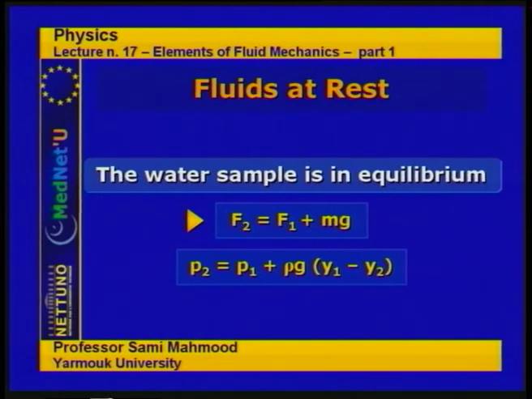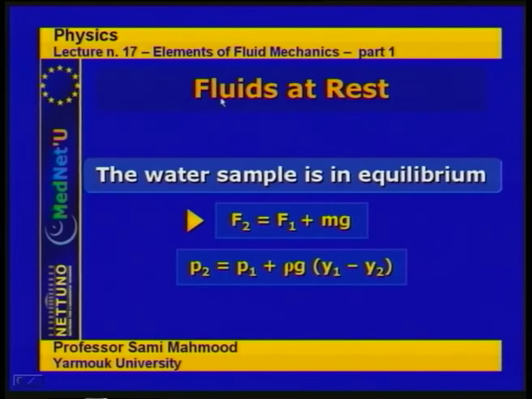And thus, if we eliminate A from all the equation, or equivalently, if we divide the equation by A, we will get P2, the pressure applied to the sample at the lower level, and that pressure is upward, is equal to P1, the pressure of the fluid at the upper surface of the cylinder, plus rho, the density of fluid, times g times the height of the sample, which is y1 minus y2.